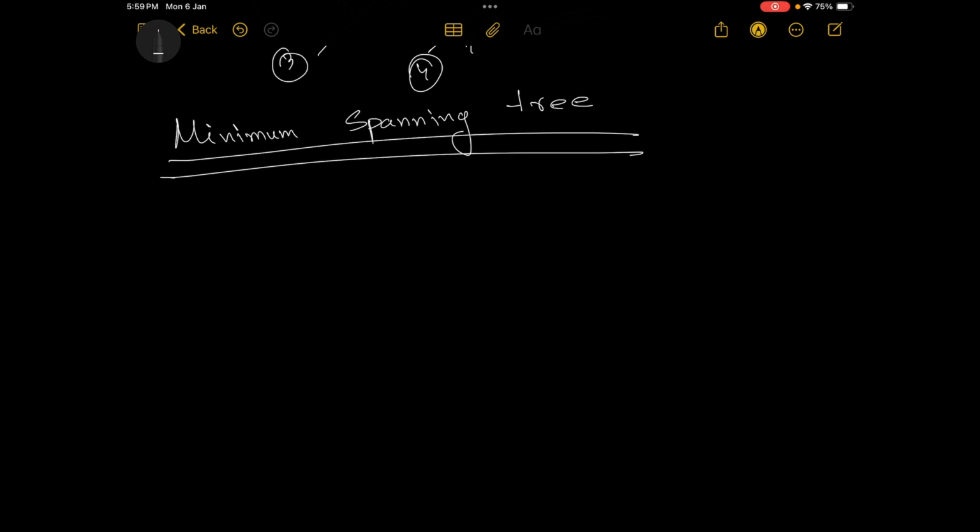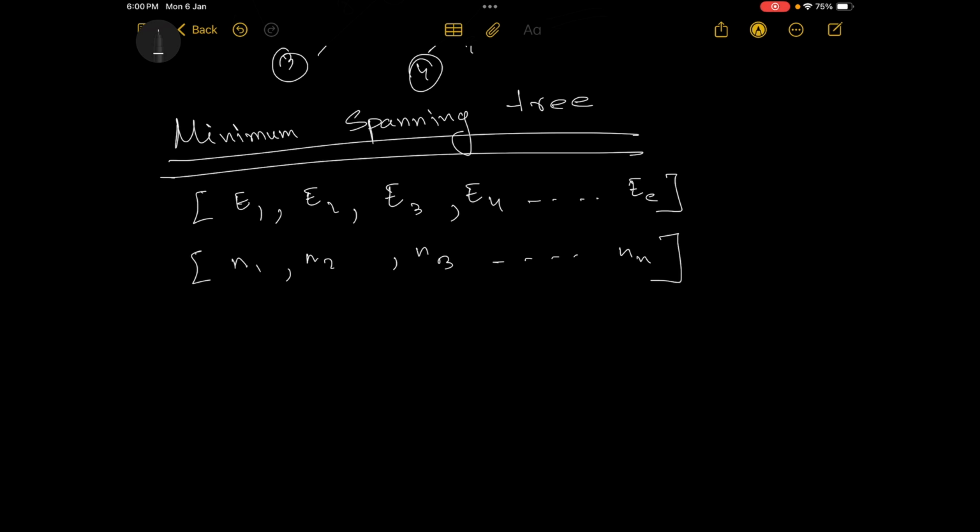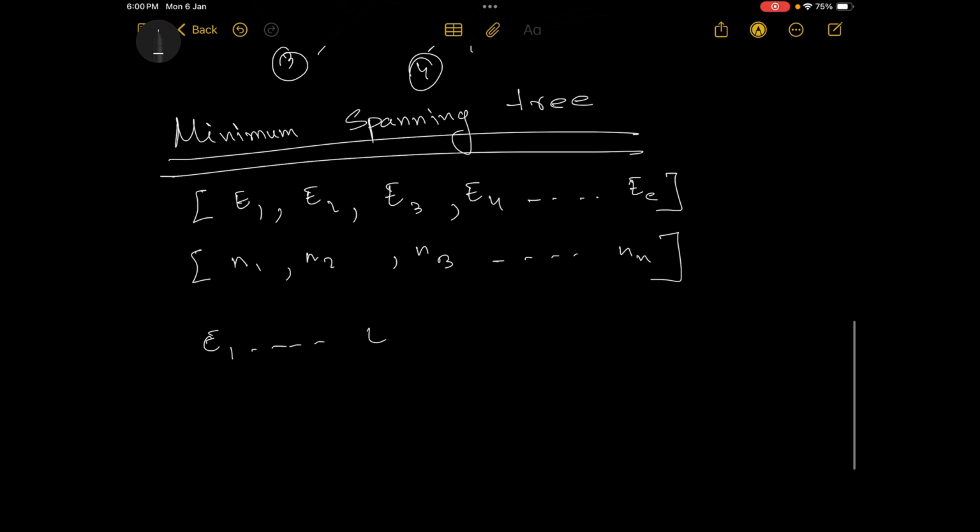minimum, which means that if we have a set of edge weights, say E1, E2, E3, E4, say number of edges is E, and we have number of nodes, say N1, N2, N3 dot Nn, that we have the number of nodes. So for a spanning tree, the number of edges would reduce to E1 dot dot to En minus 1, right.